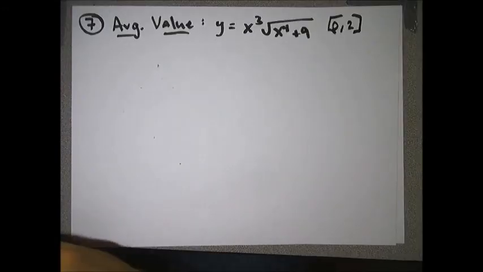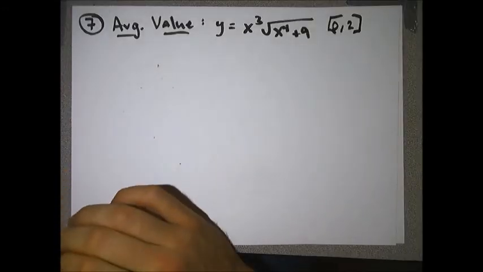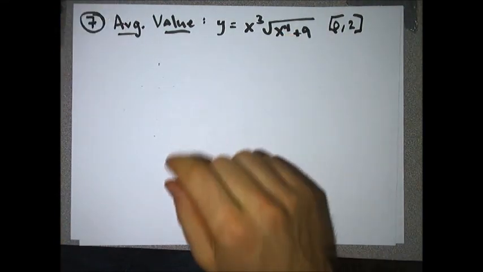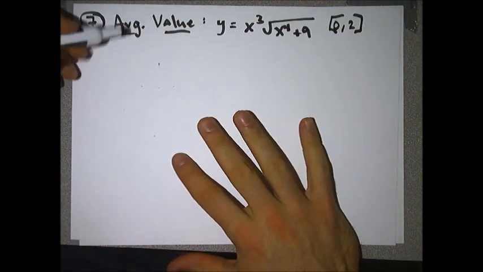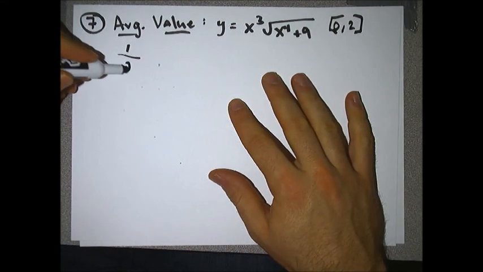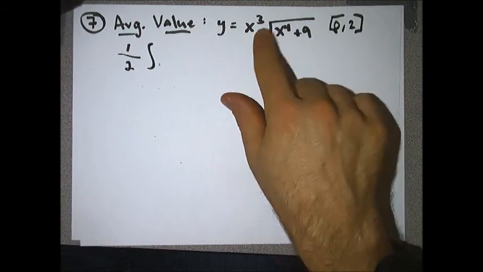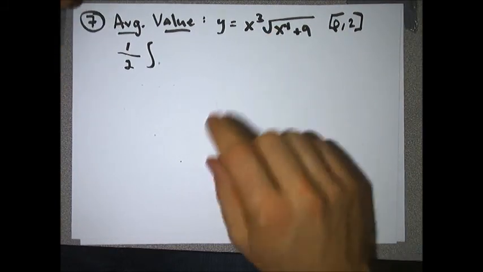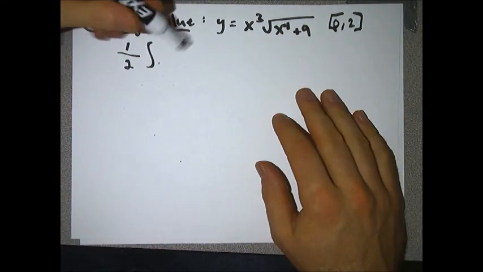Number 7 asks to find the average value from 0 to 2 for the given function. First thing we need to know is that average value is 1 over b minus a, so in this case 2 minus 0 is 2, times the result of the integral when you integrate the following. So to integrate this, we need a u substitution.